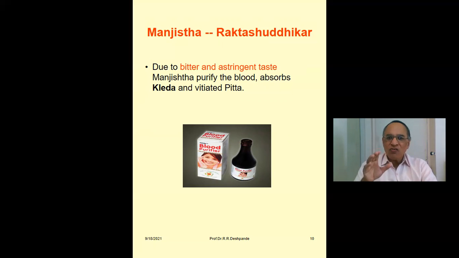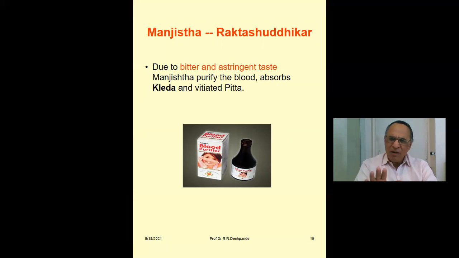Ama is like a toxic substance in the body, created because of two reasons: endogenous causes, ajirna, agnimandya, due to faulty primary digestion, or your tissue digestion, dhatvagni, can be weak.